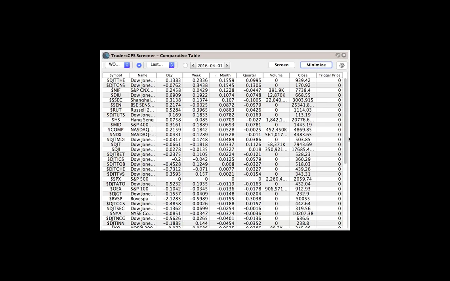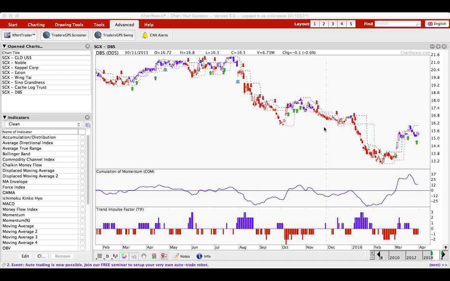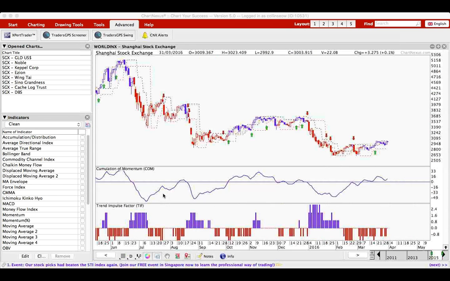Okay, we must also look at the STI, and maybe just the S&P 500.